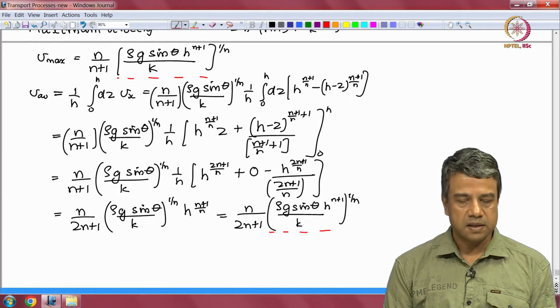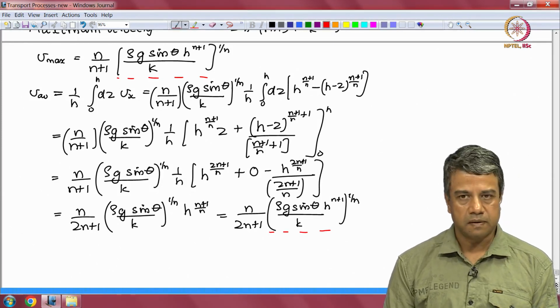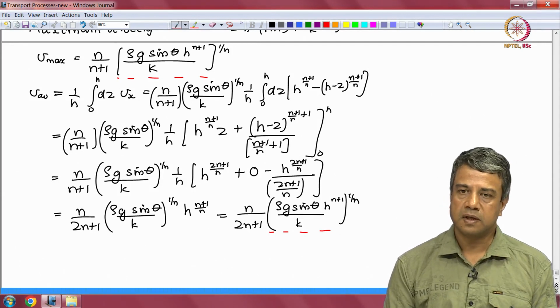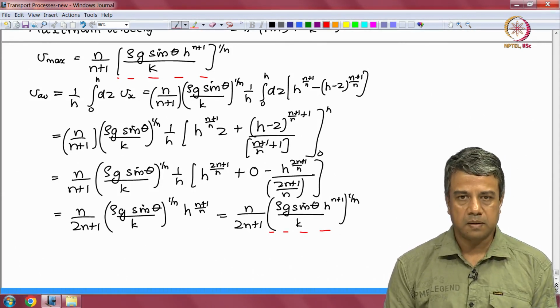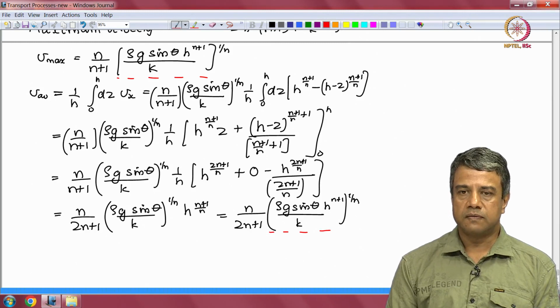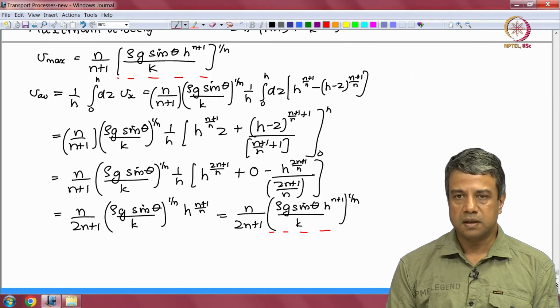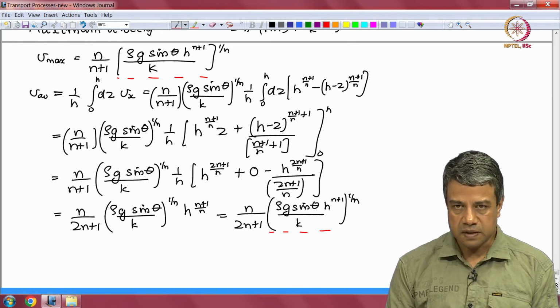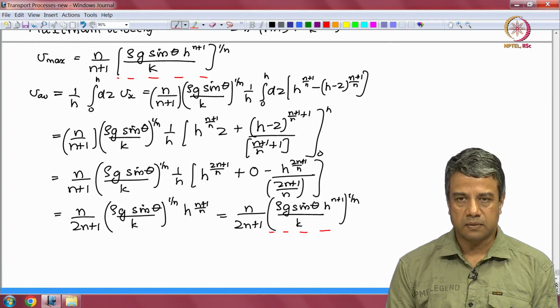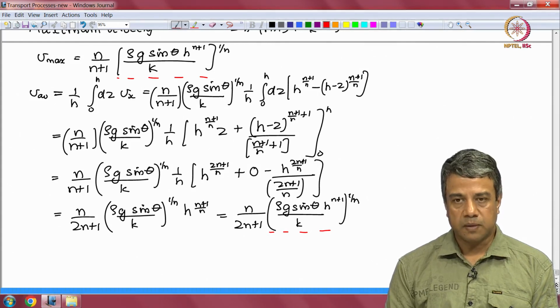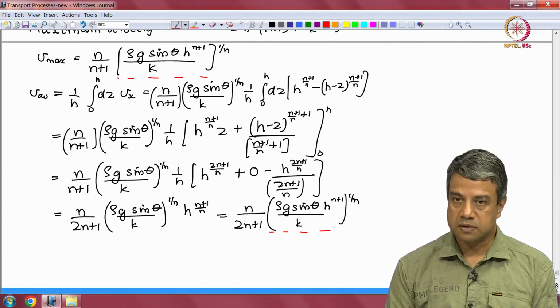So, this is a calculation of the flow down an inclined plane both for a Newtonian fluid and a power law fluid. For a Newtonian fluid, the source is a constant and the diffusivity is also a constant. You get a quadratic equation which gives you a parabolic profile. For a power law fluid, the source is a constant, so stress is still a linear function of position.